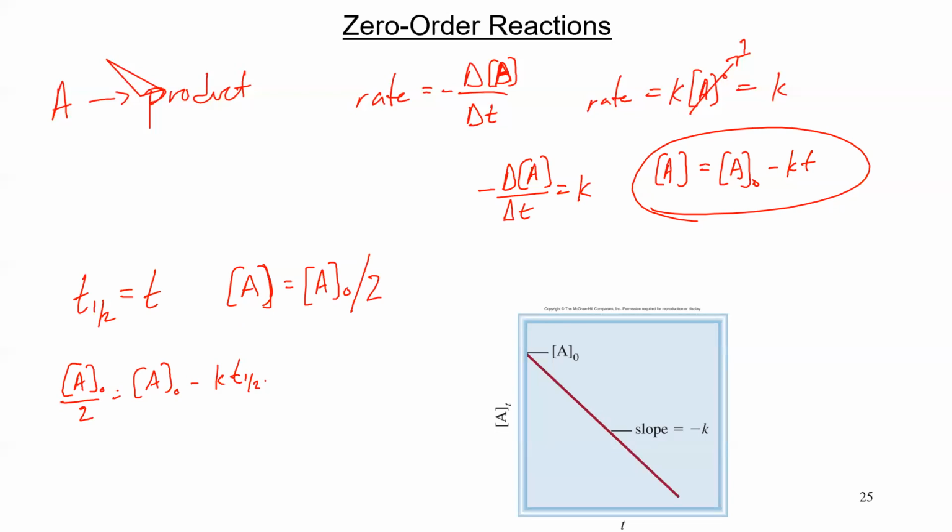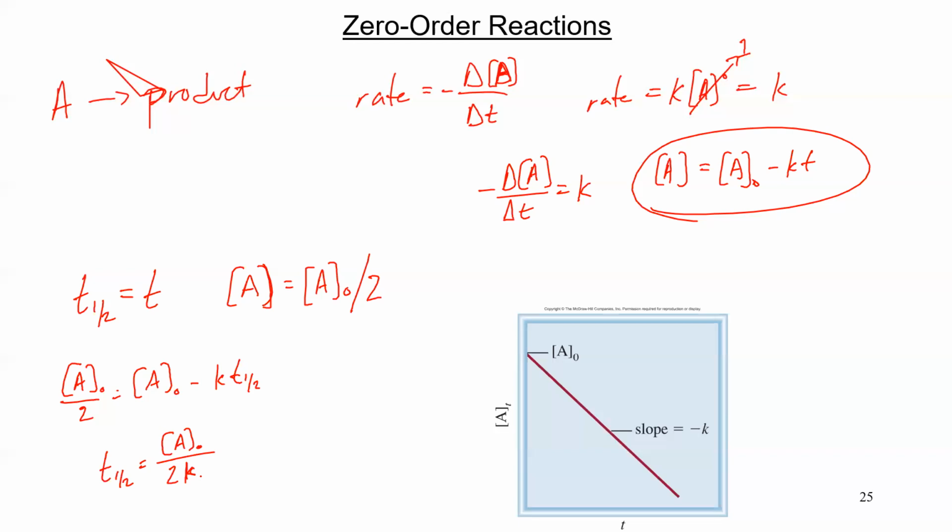I'm going to subtract A naught from A naught over 2, and I end up with A naught over 2 because it's 1 minus 1/2 essentially. And so we rearrange and we get t 1/2, our half-life, is equal to A naught over 2, and then we divide through by k: A naught over 2k.